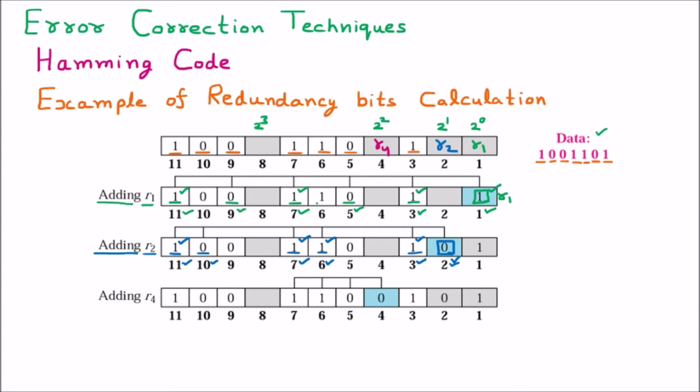R4 will be calculated with the bits it takes care of, and we will add R4 here. R4 will take care of 4 consecutive bits including itself. So 4, 5, 6, 7. Then afterward we will discard the next 4 and take the next 4. But in the data we have short data.